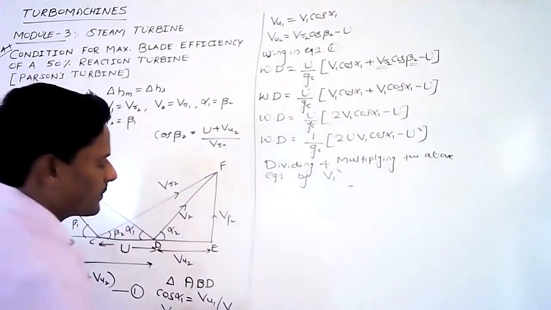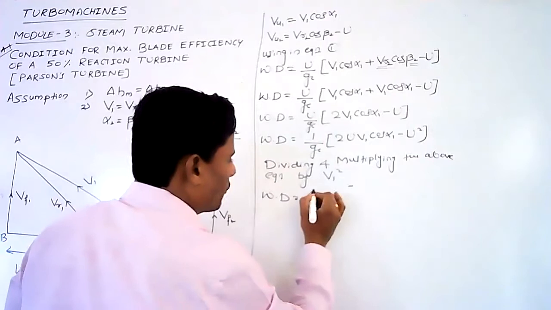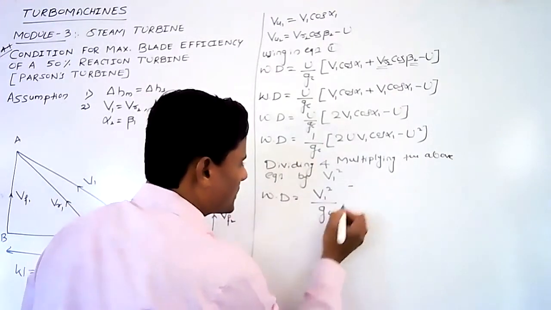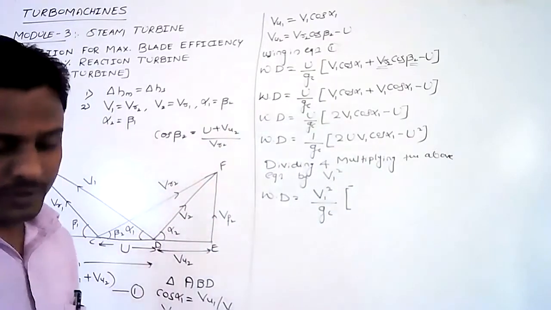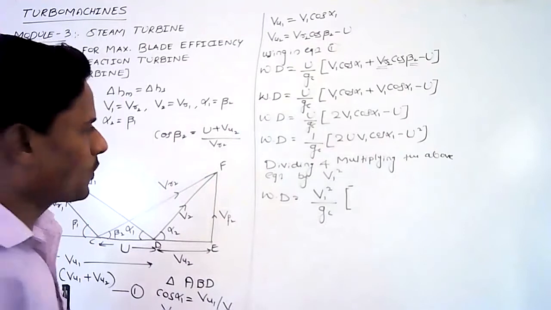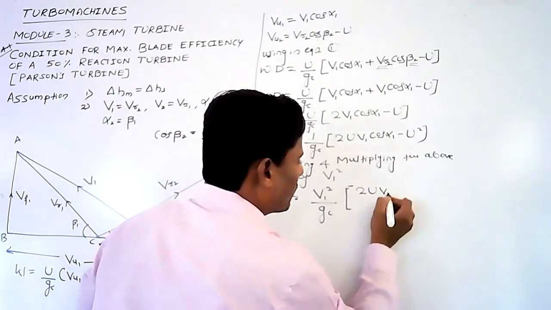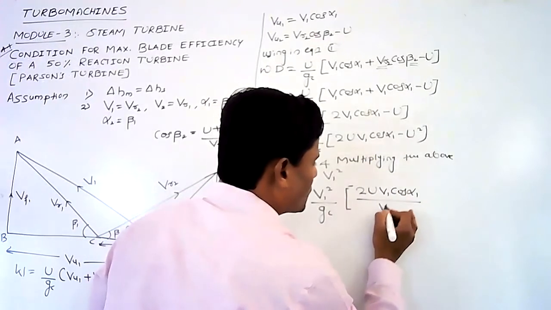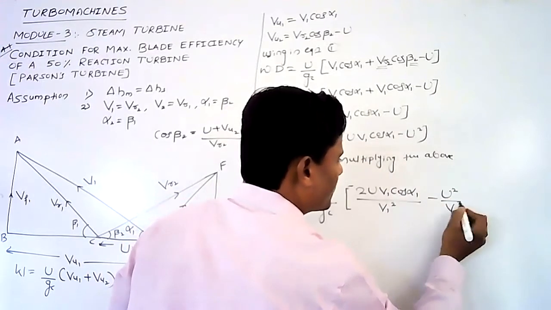So I can write WD equals V1 square divided by gc as it is, and now I am dividing inside by V1 square: 2 U V1 cos alpha 1 divided by V1 square minus U square by V1 square.